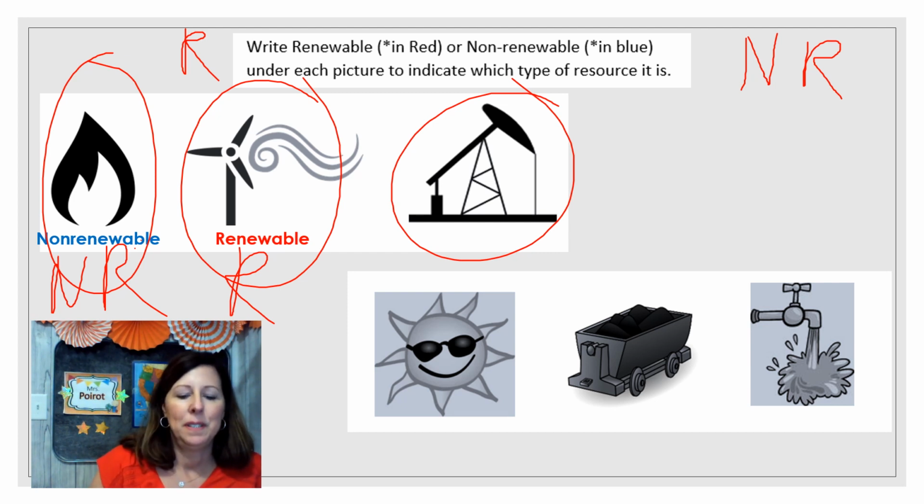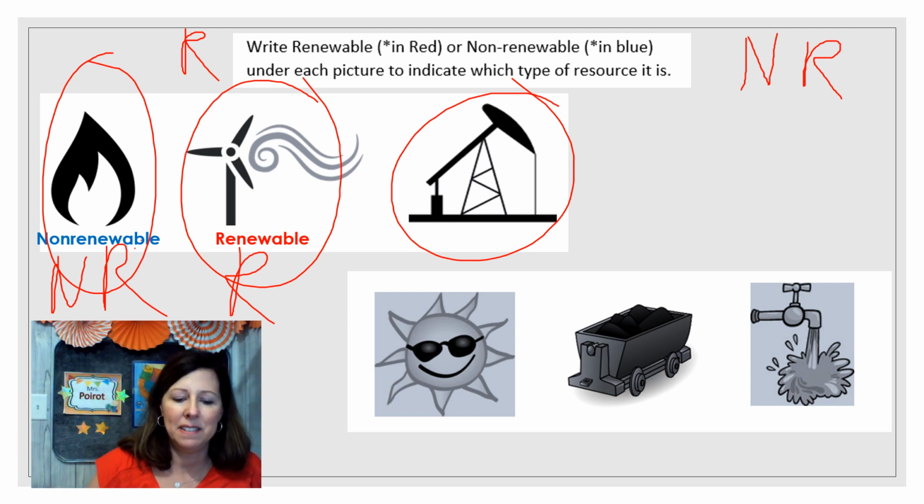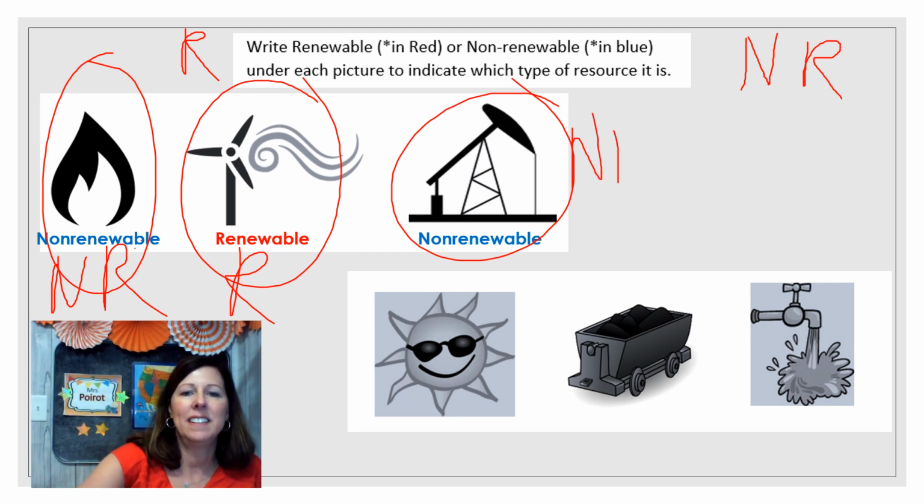That's an oil well pump jack, and that is used to pull petroleum up from deep underground. So do you think that is renewable or non-renewable? If you guessed non-renewable, you are correct.